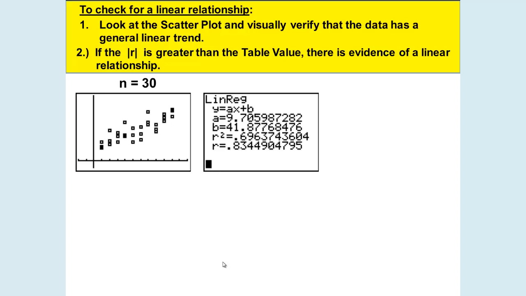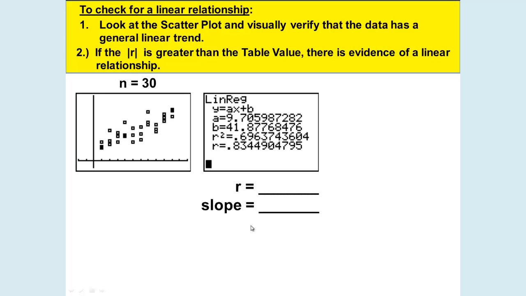We have screenshots from our TI-83 or 84 calculator. In the second screenshot, we have our results for our linear regression. Again, we will cover that in a different PowerPoint and some videos on that additional PowerPoint, which should be available to you.